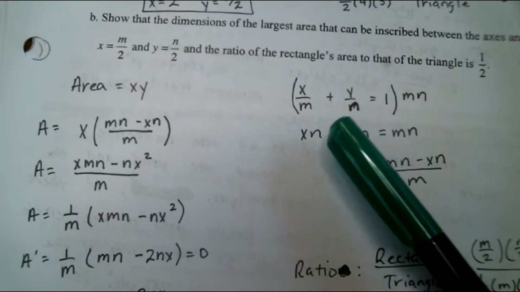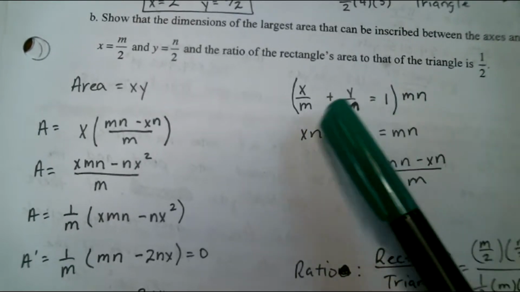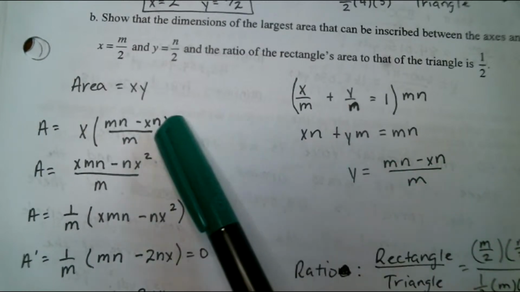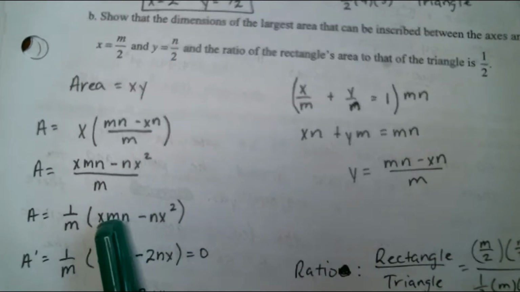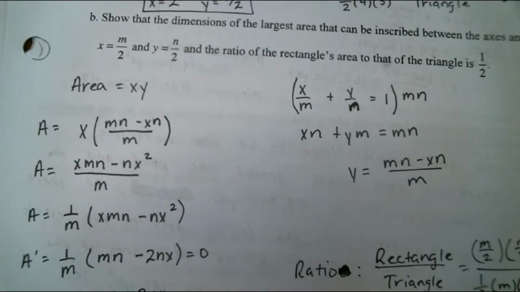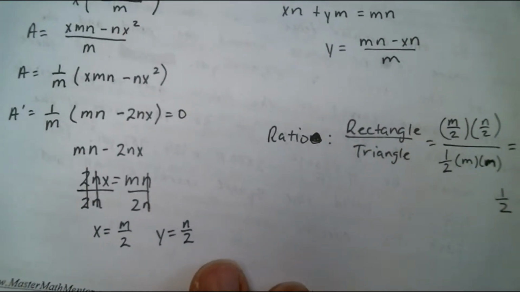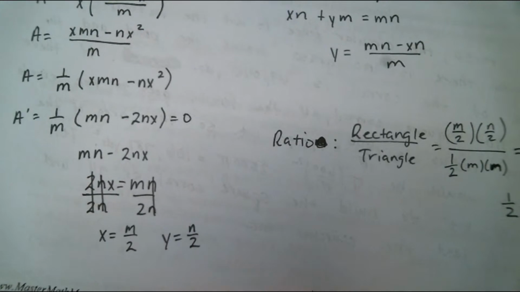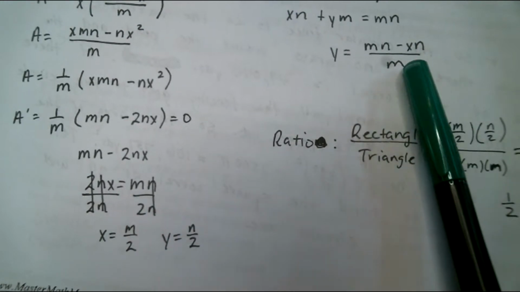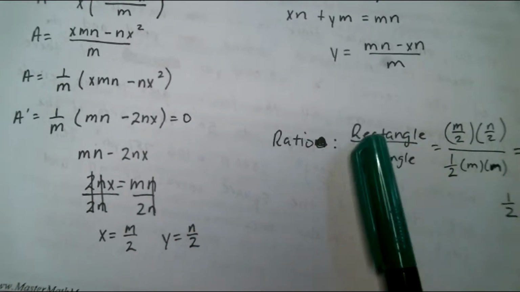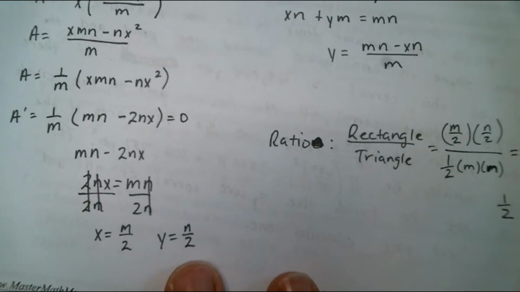Multiply the whole thing by m times n, and you get y equals this. Plugging that back into the area, it takes you all the way down till you get the equations: x equals m over 2. And if you plug that back into the y here, you'll get n over 2. And that represents your ratio of 1/2.